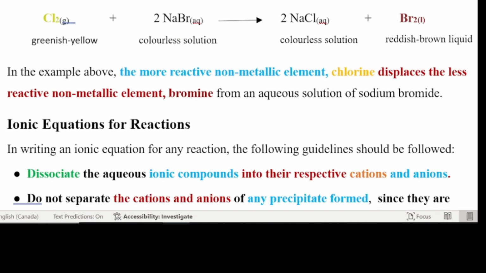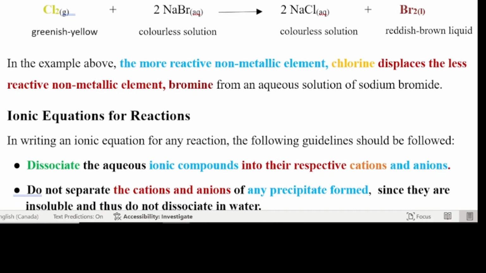So this is another type of single displacement reaction where the nonmetal from this ionic compound is displaced by another nonmetal that is more reactive than that one. So two ways in which you can have single displacement reaction.